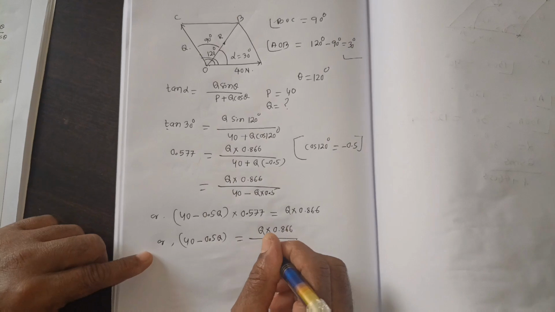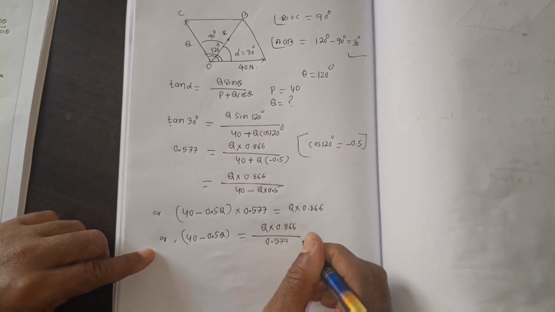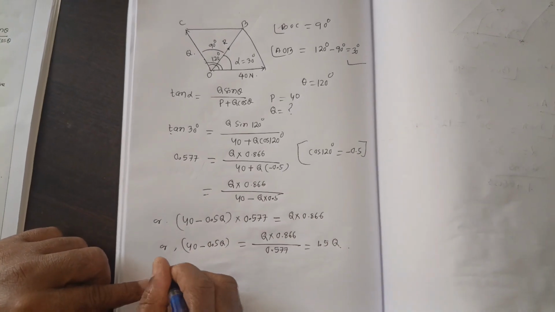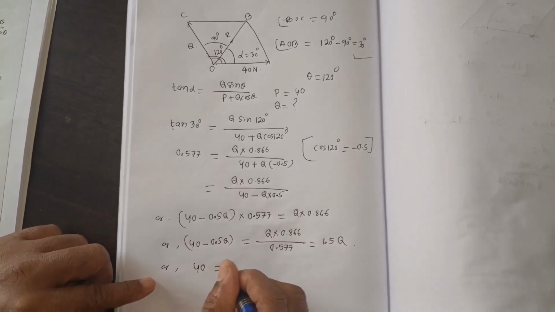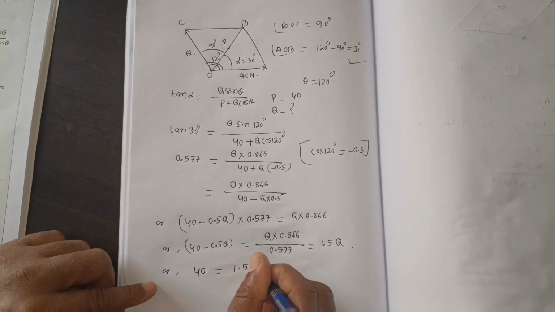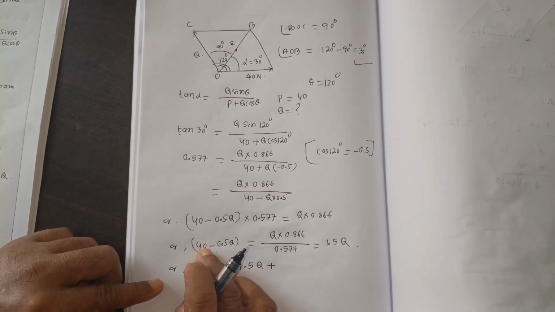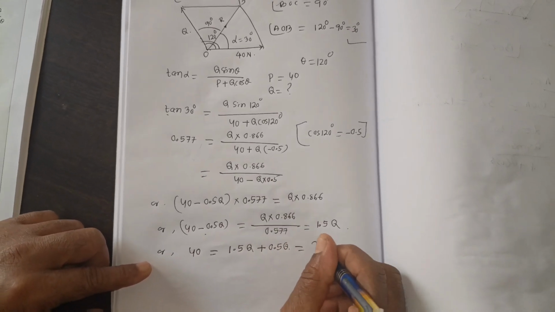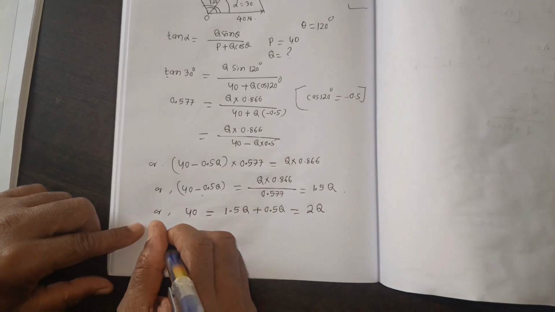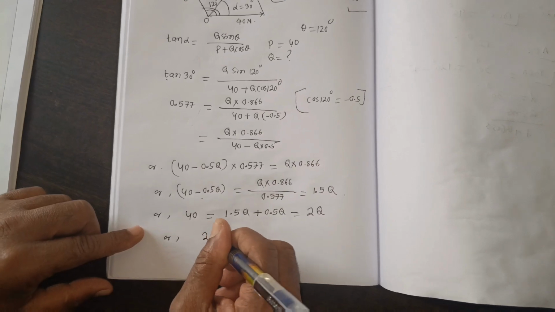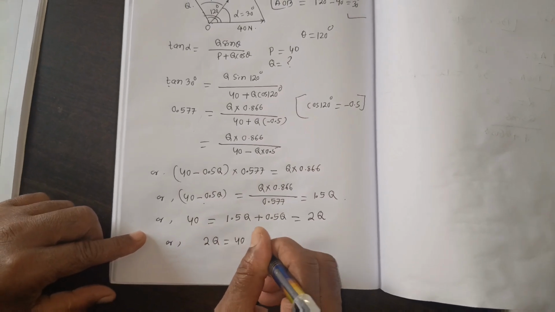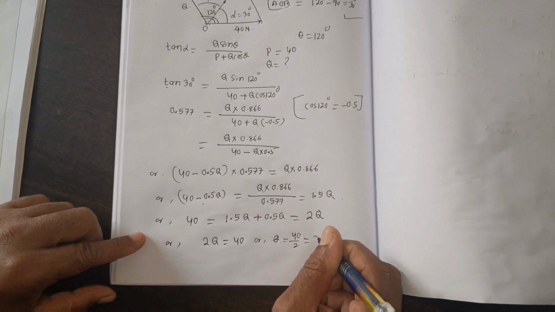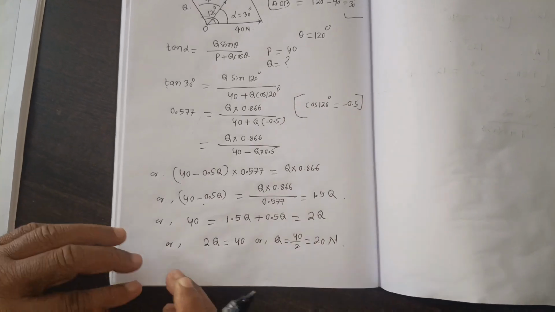0.866 divided by 0.577, which is equal to 1.5Q, or 40 is equal to 1.5Q plus 0.5Q, which is 2Q, or 2Q is equal to 40, or Q is equal to 40 by 2, which is 20 Newtons.